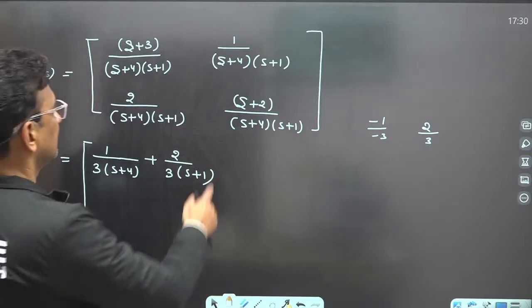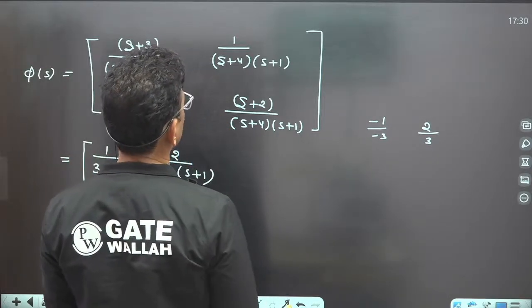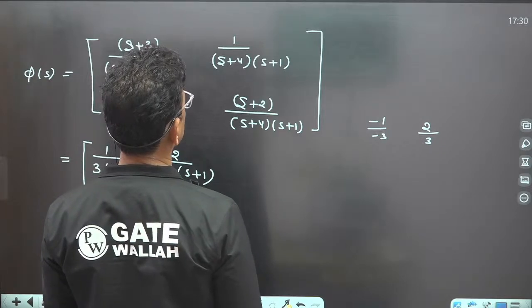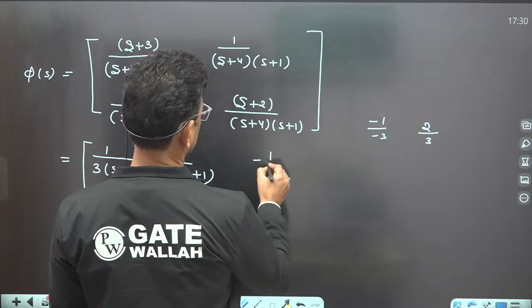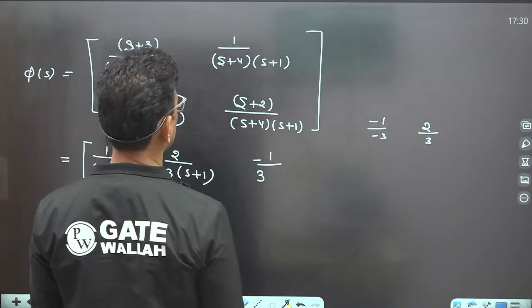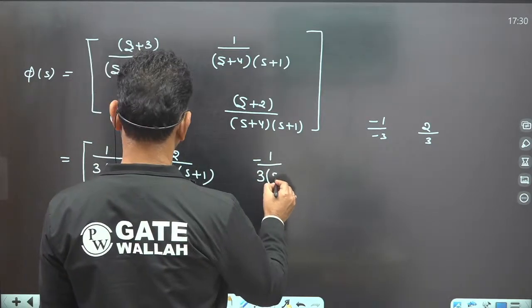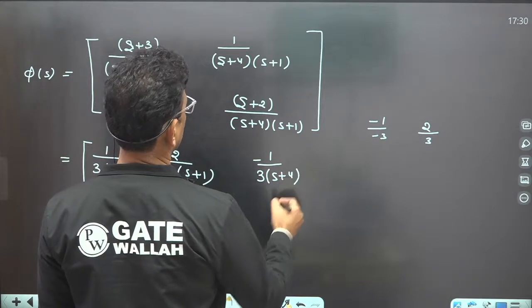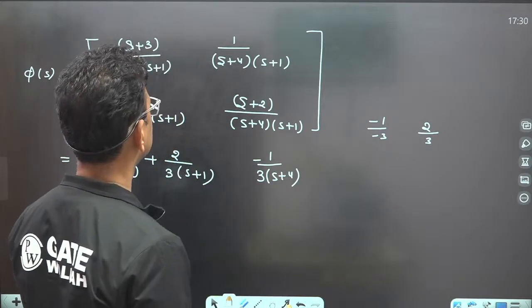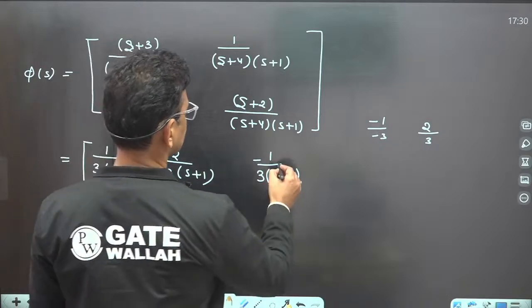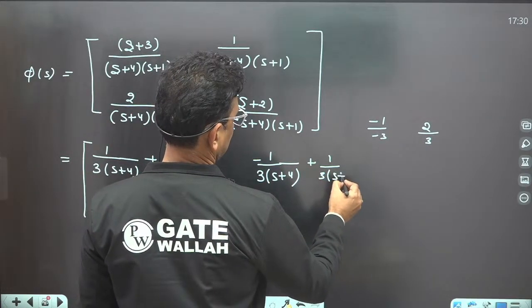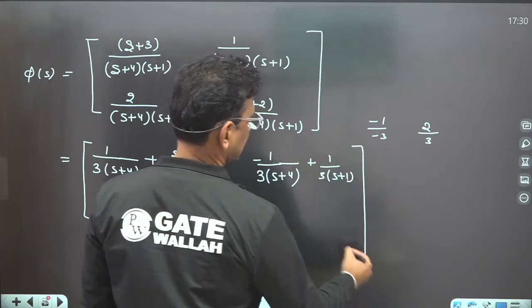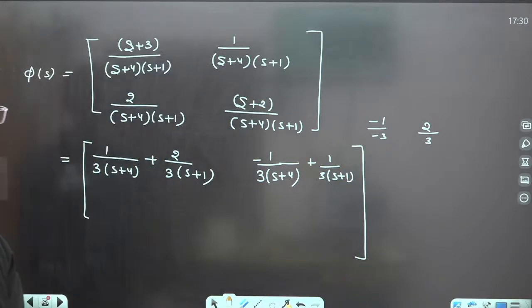Clear? Here s plus 4, at minus 4 means minus 1 upon 3. Minus 1. Clear?